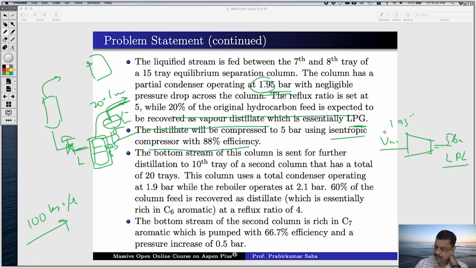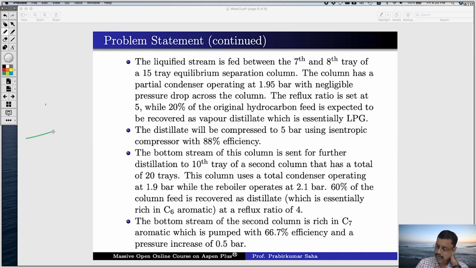Now the bottom stream of this column is sent for further distillation. So bottom stream will essentially have C6 and C7, mostly benzene and toluene. So all the heavier keys will come at the bottom. So this bottom stream will be sent for further distillation. So this is the bottom stream, and there will be a further distillation column.